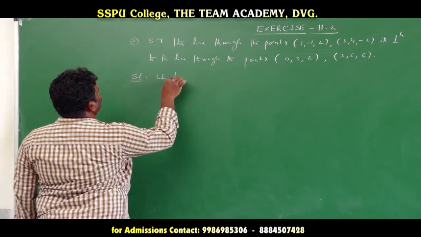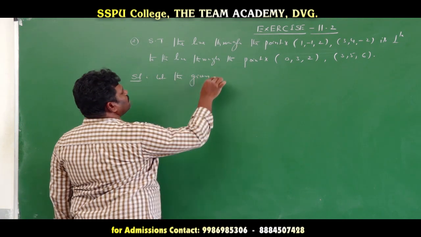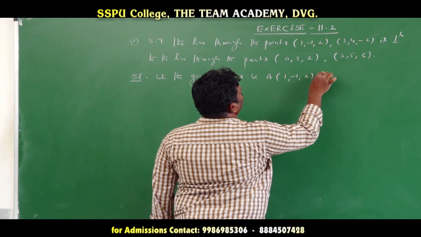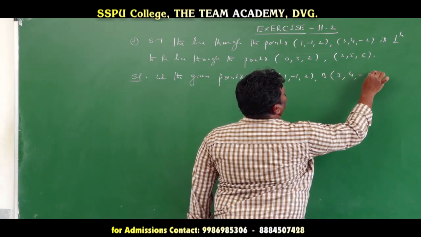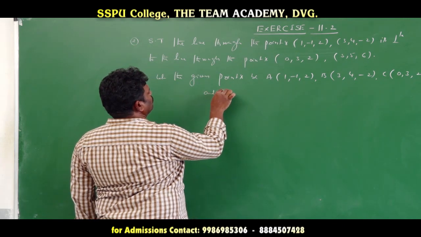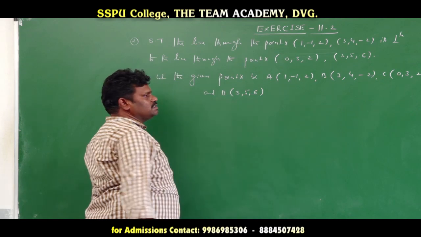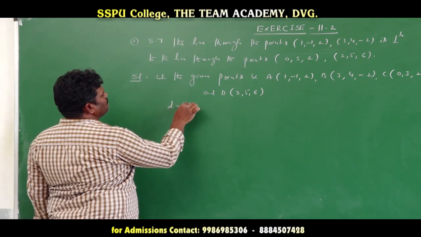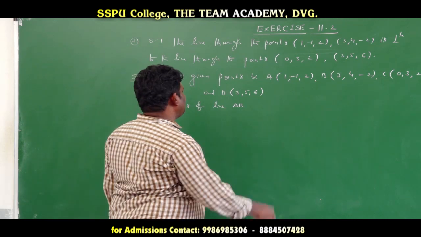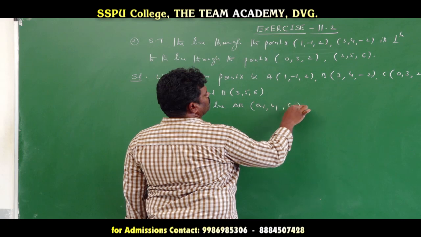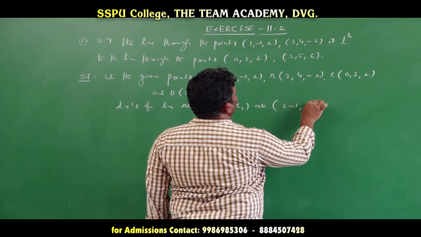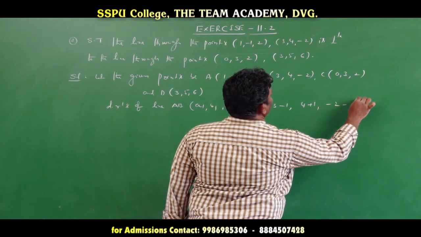So let the given points be A(1, minus 1, 2), B(3, 4, minus 2), C(0, 3, 2) and D(3, 5, 6). Now the direction ratios of line AB, a1, b1, c1, are 3 minus 1, 4 plus 1, minus 2 minus 2.